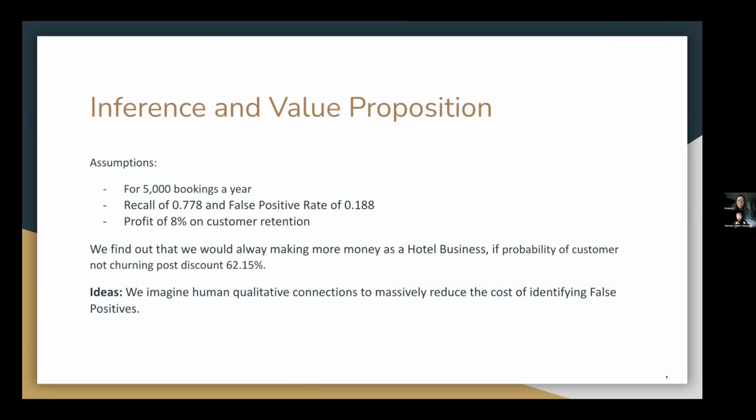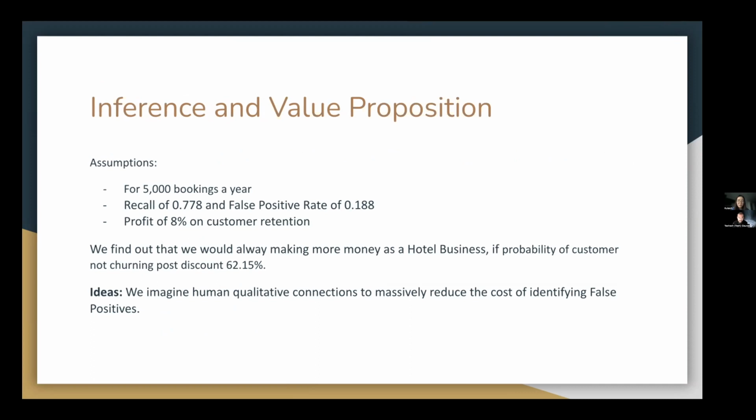To the next slide, we wanted to bring these numbers to light because they helped us inform what is actually valuable. How is this model actually going to bring value to a hotel customer? Like we talked about a couple of slides ago, we ran simulations on industry standard data to see if recall was more important.